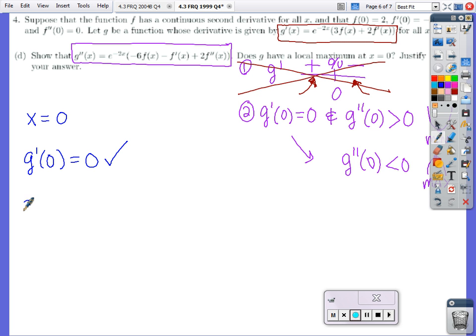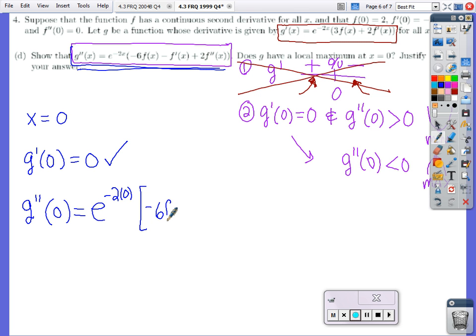We just have to show what the second derivative value at 0 is. So I'm going to use this function here, and we have e to the negative 2 times 0 times negative 6 times f of 0 minus f prime of 0 plus 2 f double prime of 0. And if you remember at the very beginning, they actually gave us all those values.